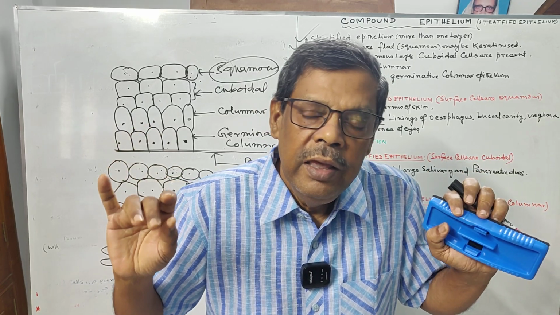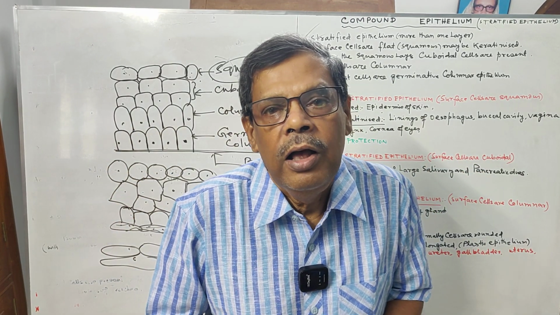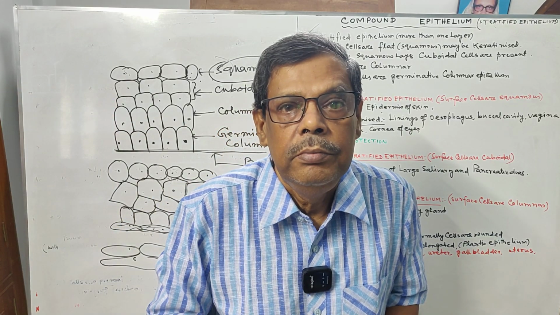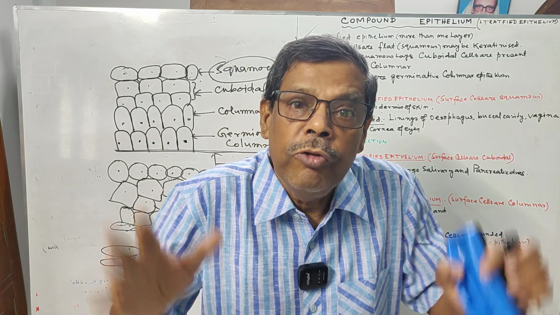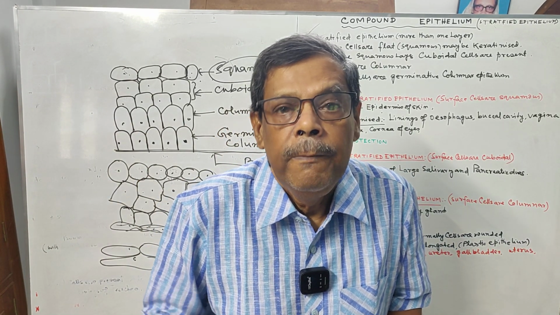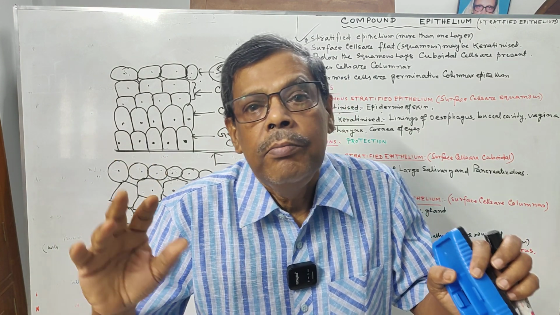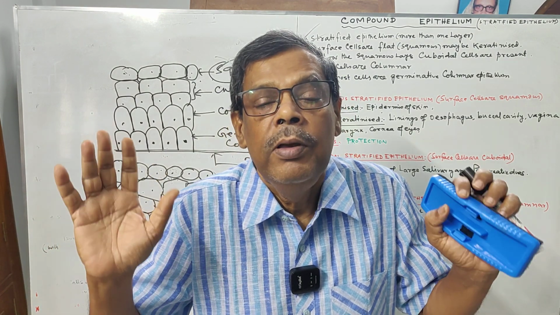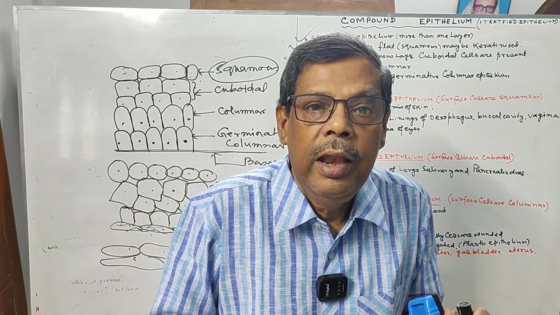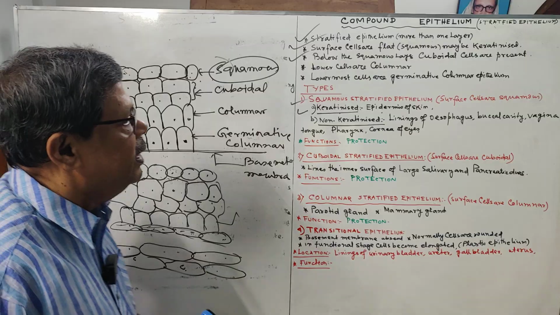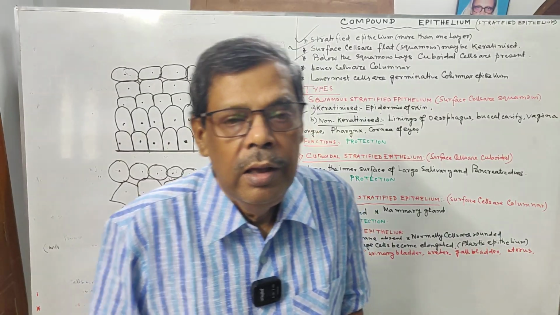Not only that, this tissue separates urine from blood. It prevents loss of water from the urine and mixing of blood with urine. These are the functions of transitional epithelium. Thank you.